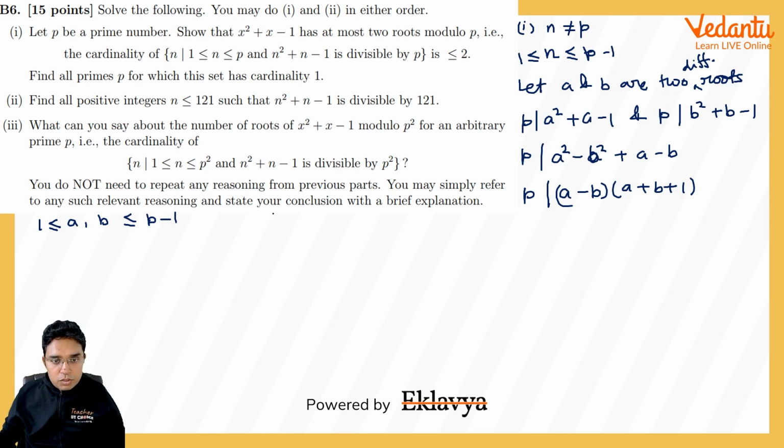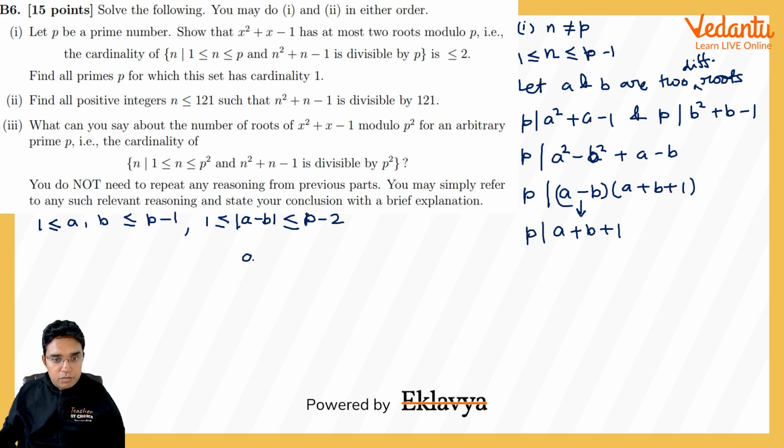So if different roots, then this a minus b difference in mod has to be less than, I think, p minus 2 will be the maximum value and 1 will be the minimum value. So this is not divisible by p. That means p should divide a plus b plus 1.